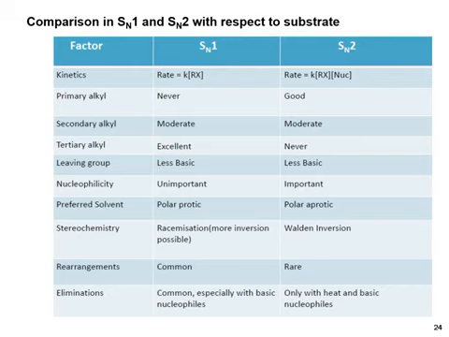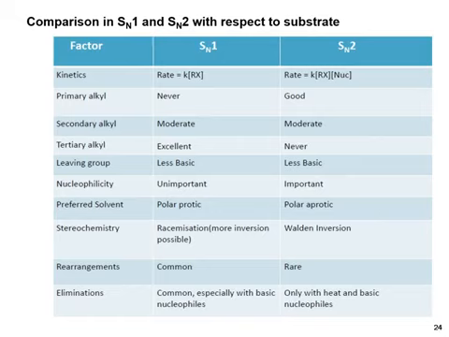This slide shows the comparison between SN1 and SN2 reactions. This is the column for SN1 and this is the column for SN2. First of all, kinetics. The SN1 reaction depends on the substrate moiety, but the reaction rate in the bimolecular reaction depends on the substrate and nucleophile.